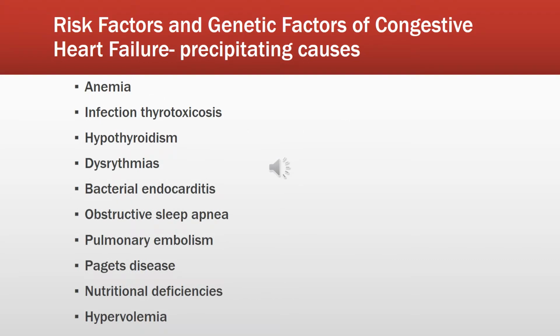Some other risk factors and genetic factors that are precipitating causes of heart failure include anemia, infection, thyrotoxicosis, hypothyroidism, dysrhythmias, bacterial endocarditis, obstructive sleep apnea, pulmonary embolism, Paget's disease, nutritional deficiencies, and hypervolemia. So precipitating causes often increase the workload of the heart, resulting in an acute condition and decreased heart function.